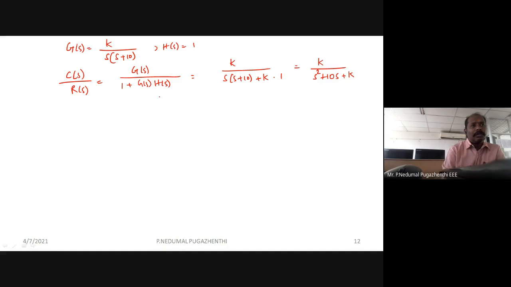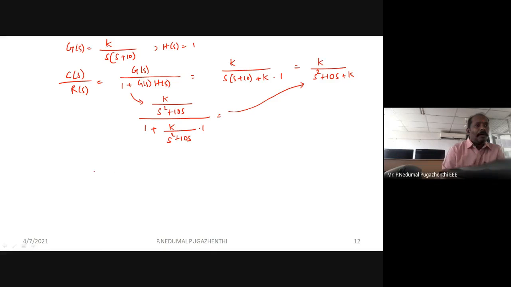Or simply I can substitute it. I will get k by s squared plus 10s divided by 1 plus k by s squared plus 10s. This is what your g of s is, and your h of s is 1. If you substitute all these, you will get this.